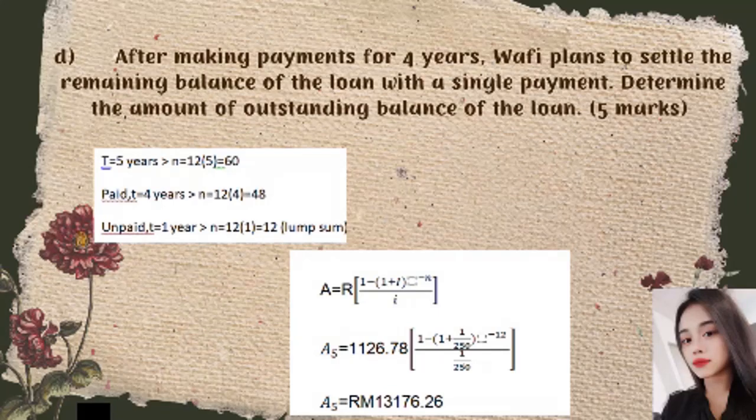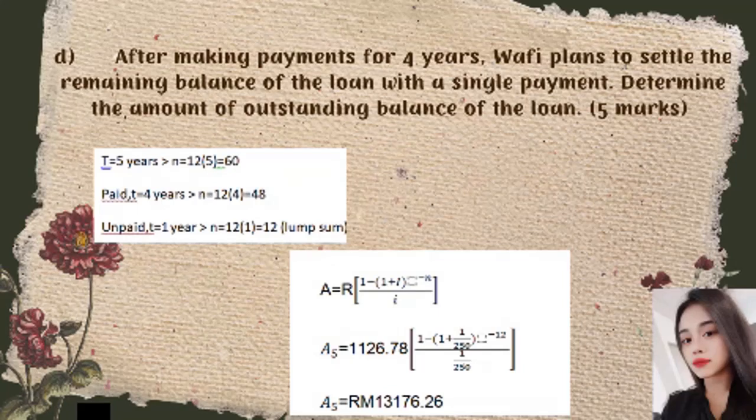For the paid, T equal to 4 years, n equal to 12 times 4, so the answer is 48. So for the unpaid, T equal to 1 year, n equal to 12 times 1, so the answer is 12. So the 12 is a lump sum.